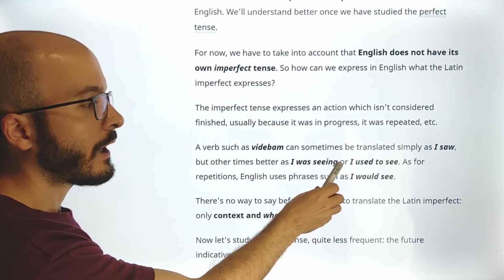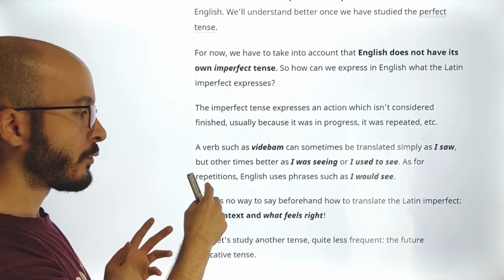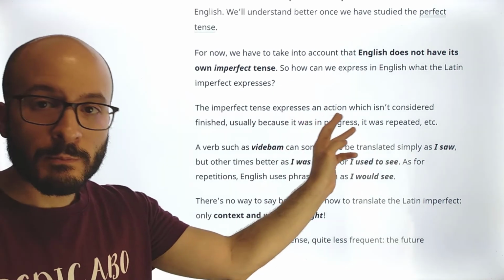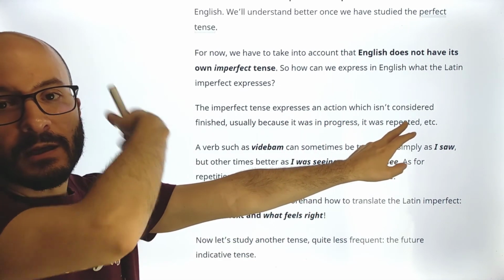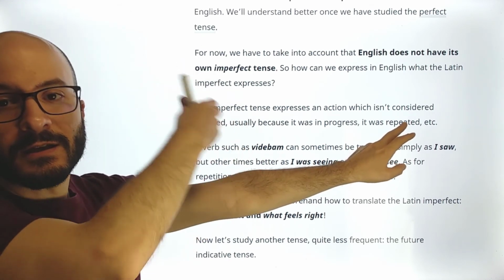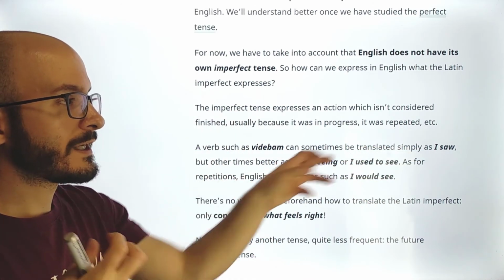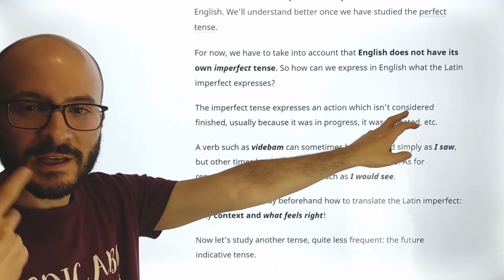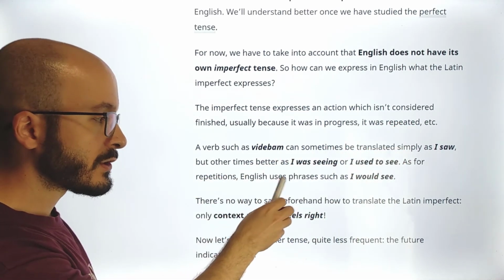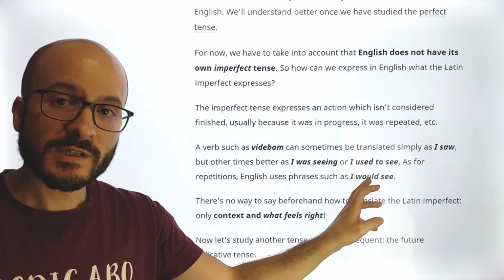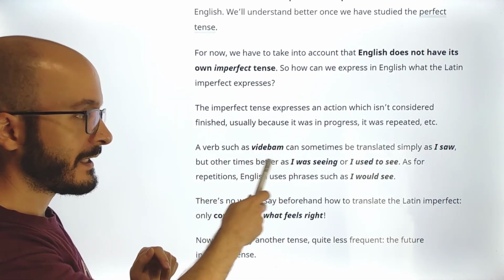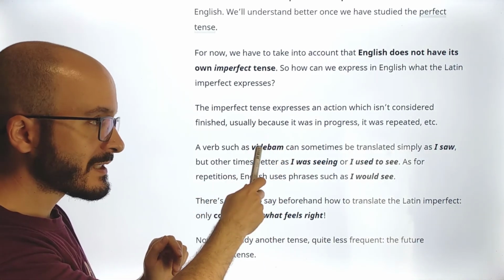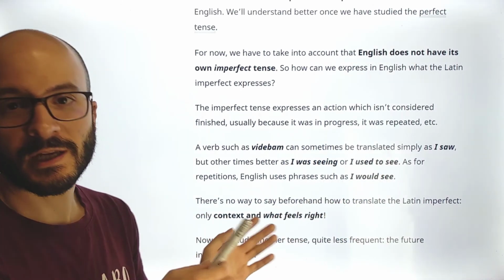Or I used to see. As for repetitions, because sometimes the imperfect means something which was repeated again and again in the past, how do we say that in English? English uses phrases such as I would see. So you see that with one form in Latin, we express all of these things in English.